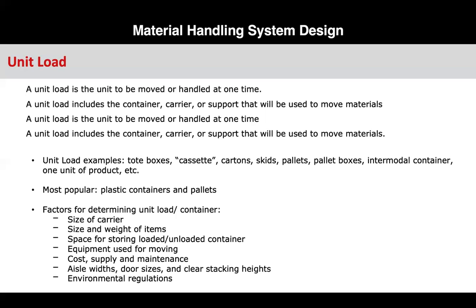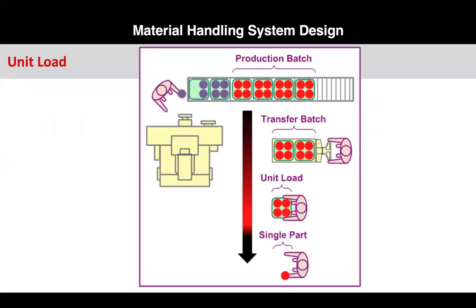So here's a simple look at a unit load. The arrows kind of show a flow here. In production, the production batch that we're showing here is 16. So the batch it makes on the machine is 16 at a time.